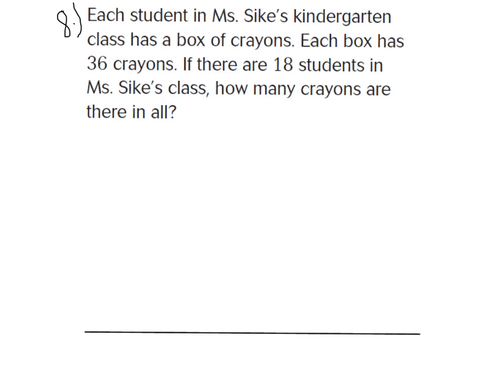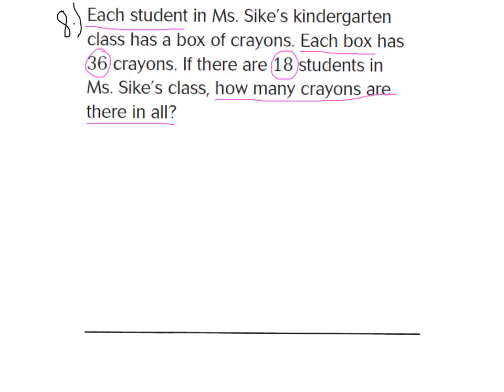Okay, let's look at number 8, our problem-solving question for tonight. It says, each student in Mrs. Sykes' class has a box of crayons. Each box has 36 crayons. If there are 18 students in Miss Sykes' class, how many crayons are there in all?